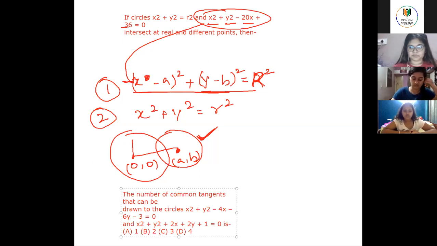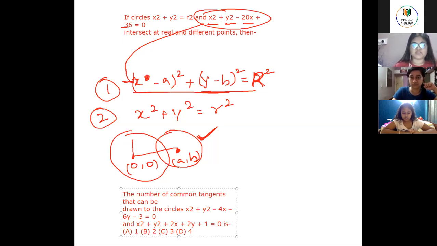We can find C1, C2, and then R1 and R2, and find one of the conditions if it satisfies. Good, good, good. So what you can do is find the center of circle 1 and the center of circle 2. Once you have found the center of both circles, you will find C1 C2.